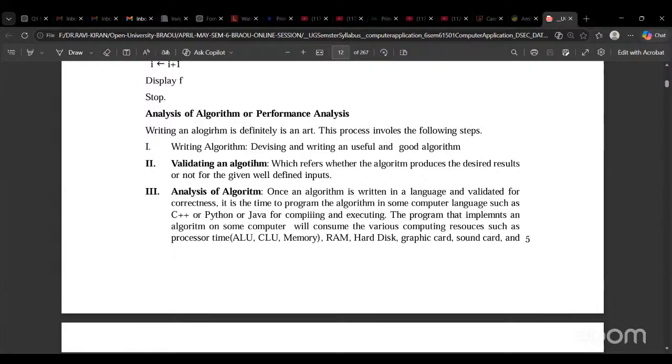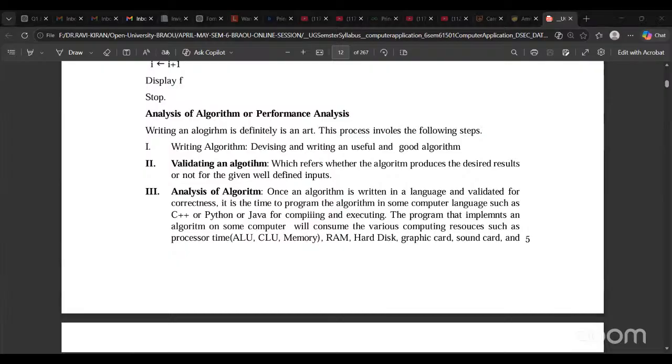Now, analysis of an algorithm. Once an algorithm is written and validated for correctness, it is time to program the algorithm in some computer language, such as C++, Python, or Java.